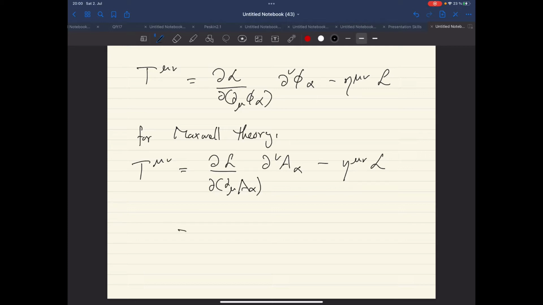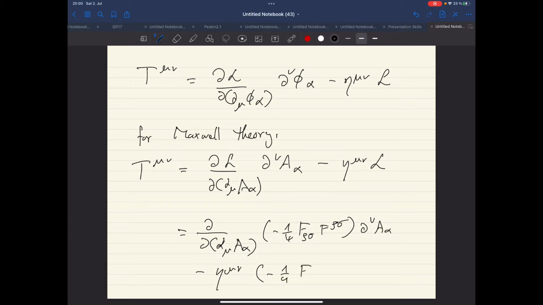So we get, the Lagrangian density is minus 1 over 4 F_{ρσ} F^{ρσ}, since they have independent indices of the derivatives, times ∂^ν A_α, minus η^{μν} times minus 1 over 4 F_{ρσ} F^{ρσ}.